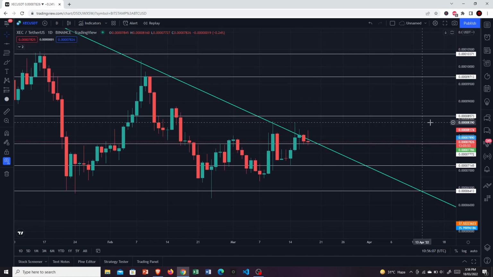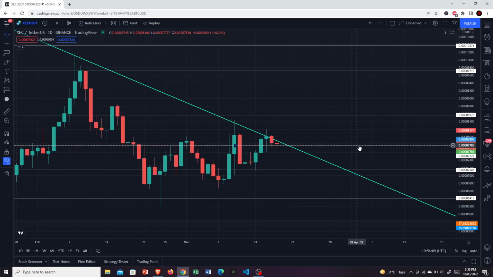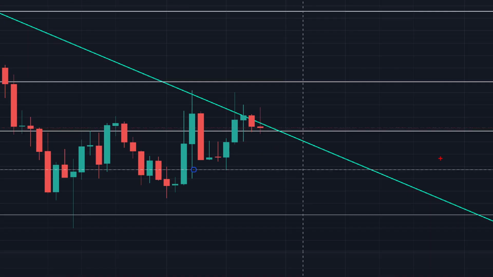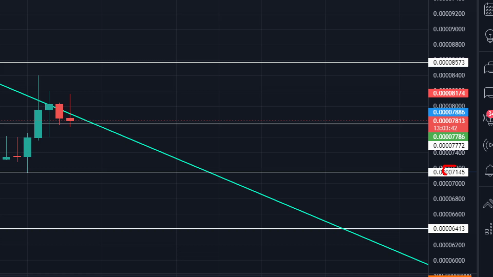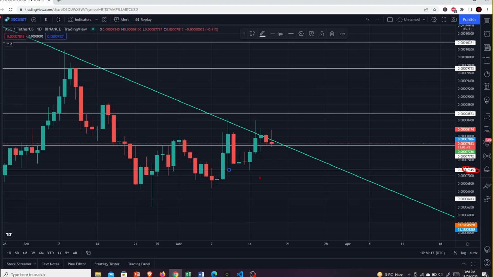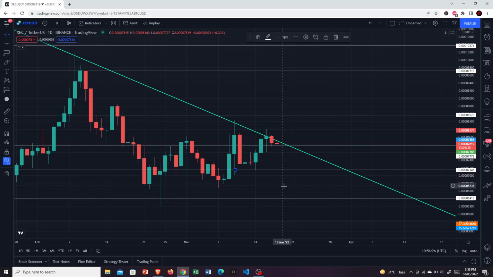So if you guys are planning to get into XEC right now, then make sure to have an order at this level, let me zoom it out. So make sure to have an order at 7145 level, and you can place a stop loss somewhere below the low of this candle.